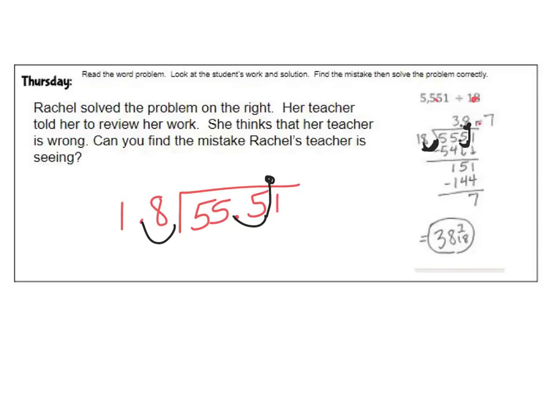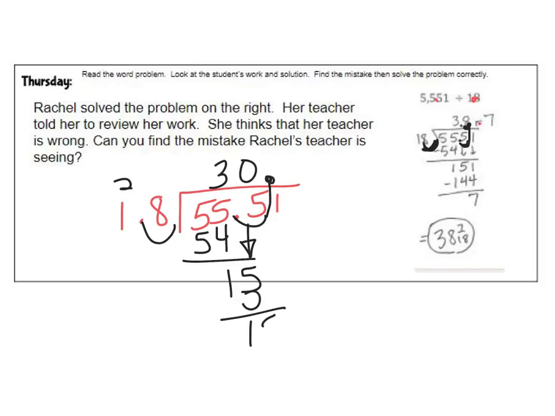So let's go ahead and do this. So 18 into 55. Let's try 3 like she has it. So that's 24. So that's 54. Remainder is 1. Bring down the 5. 18 into 15 is 0. So that is 0. 15. Bring down the 1.